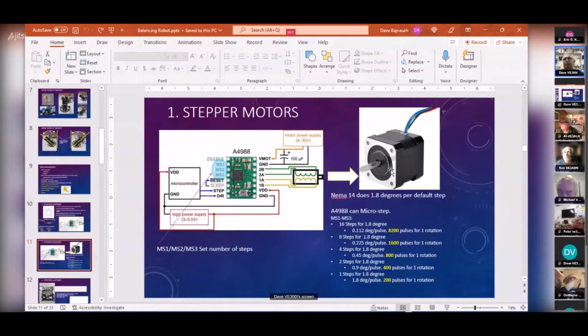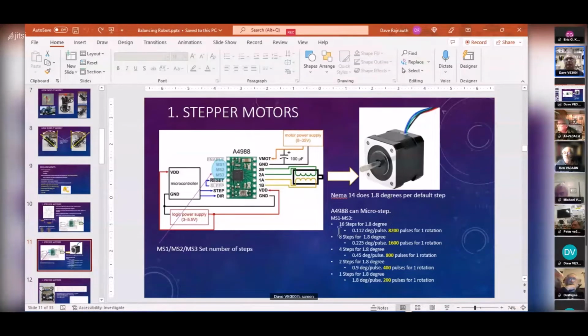By default, I use the NEMA 14 stepper motor, which is the same kind used in 3D printers. By default, one step, so one pulse, causes the shaft to turn 1.8 degrees.